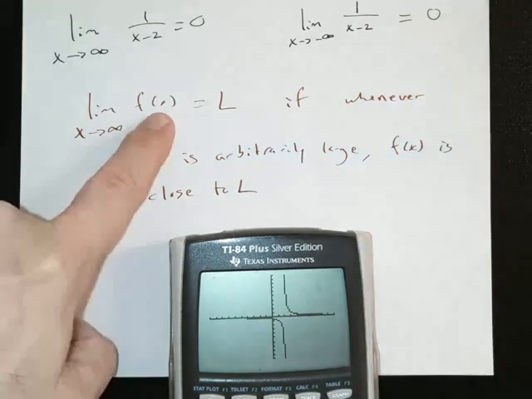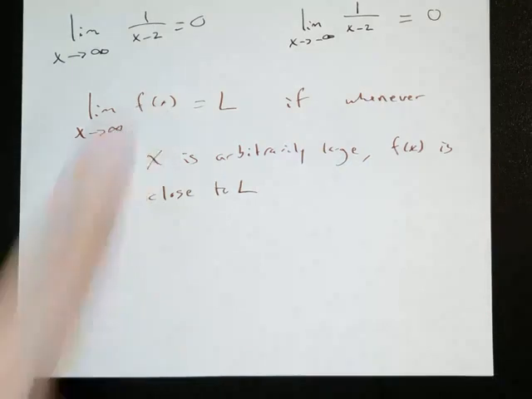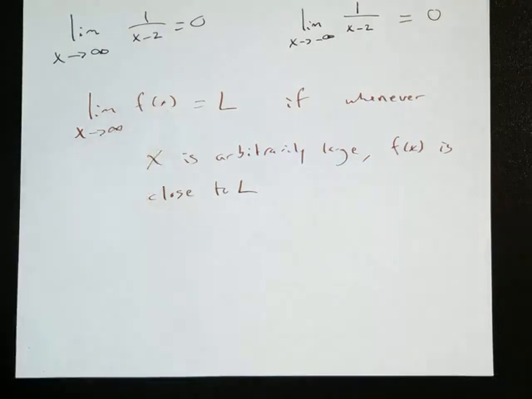That's for this example. If I have an arbitrary limit as we go to infinity, then I have an asymptote at that number.